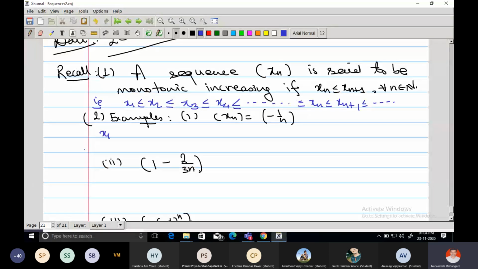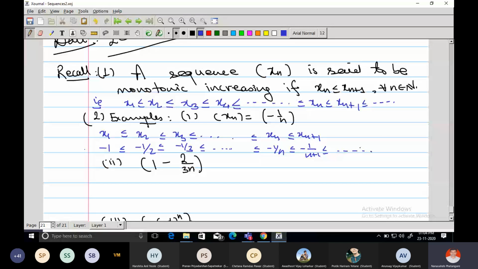So x1 is minus 1, x2 is minus half, x3 is minus 1 by 3. We know that minus 1 is less than or equal to minus half. So this is true in this case. Or if you look at xn and xn plus 1, xn is minus 1 by n and xn plus 1 is minus 1 upon n plus 1, which is true. So this sequence is monotonically increasing.